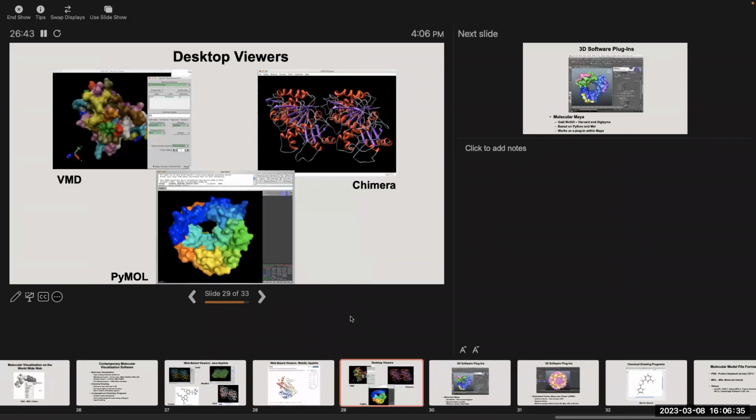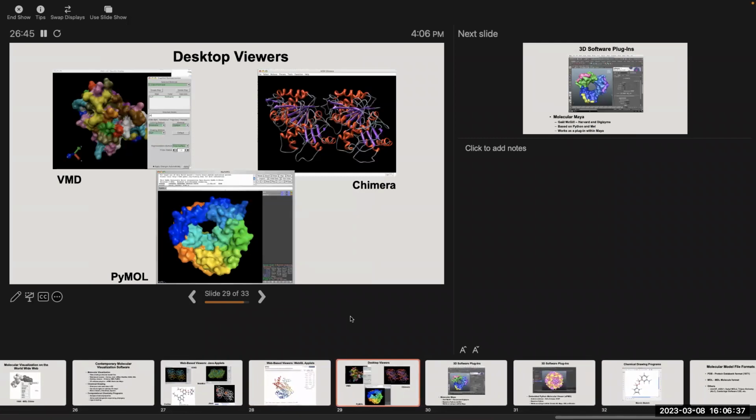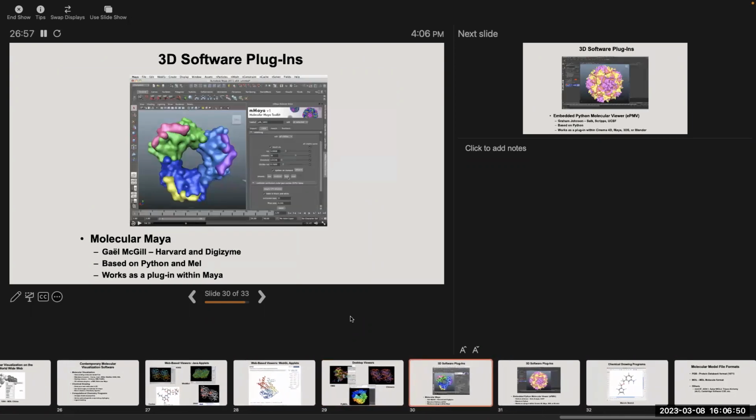These are screenshots from three of the desktop viewing programs. VMD in the upper left is one I'm not going to show you, but you will learn Chimera and PyMOL. Here's a screenshot of what Molecular Maya looks like, if you can get it to run. It's actually just a plugin, an interface that pops up in Maya, and you can import models directly into it.